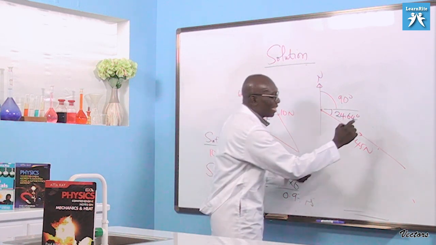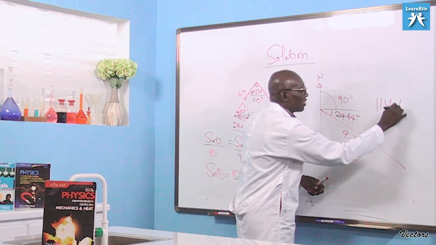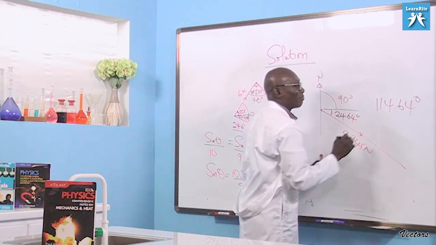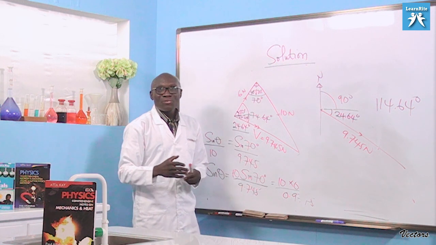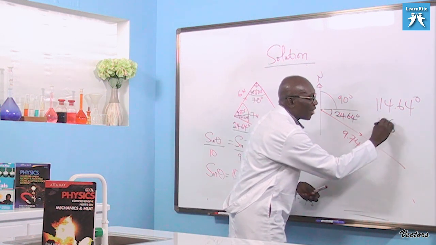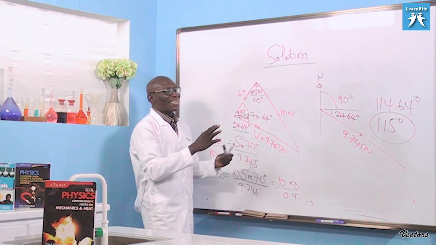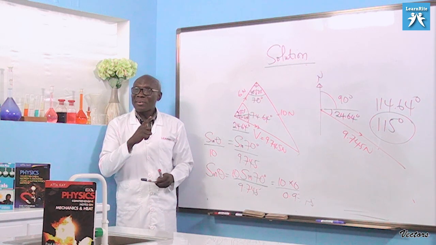So together the angle is simply going to be 114.64 degrees in bearing. And you know, in bearing we don't have decimal points, so you approximate it and we are going to get 115 degrees. Wow. And that is the direction in bearing.